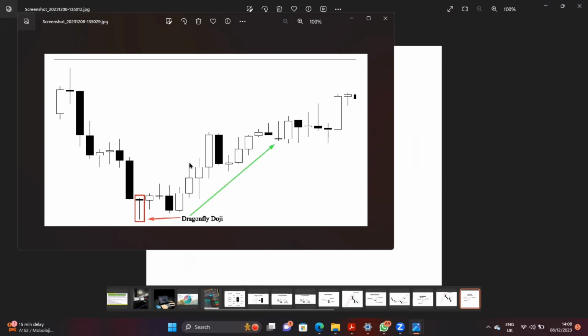Now, in this chart I'm displaying on my screen that has a dragonfly, the market was testing the previous support level that caused a strong rejection from this area. With careful analysis of support and resistance, you would find that there is a support, or a demand, around this zone.